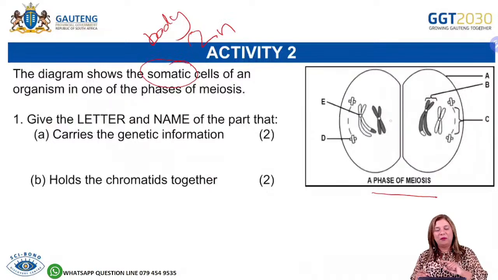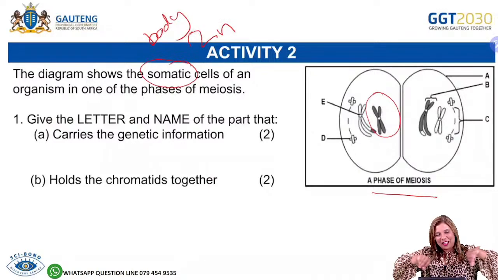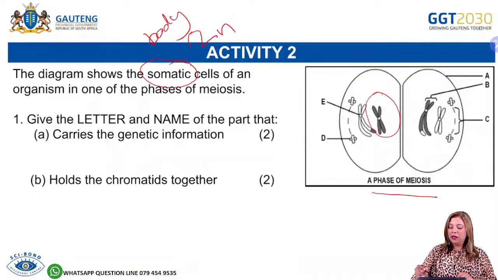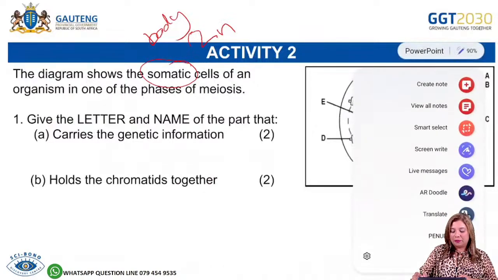I know because I can see these double thread chromosomes. They have not split yet. They have not separated. So that is a clue for me, because I know I'm not dealing with meiosis 2 here. But let's wait and see, okay? Give the letter and the name of the part that carries genetic information. What carries genes? What carries genetic information? You did this last week. What would that be? It would be B.